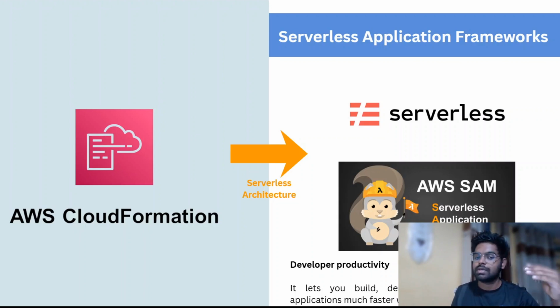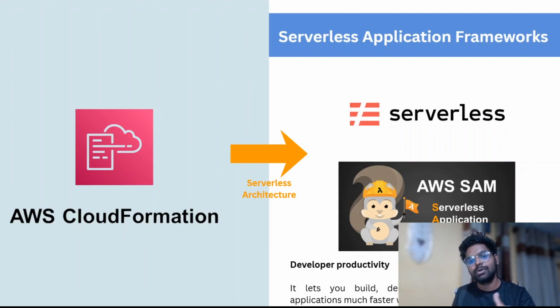When you consider the AWS CloudFormation template, you have to write a lengthy template to create your infrastructure on AWS. But if you want to build a serverless application and you use these serverless application frameworks, you have to write less compared to the CloudFormation template.